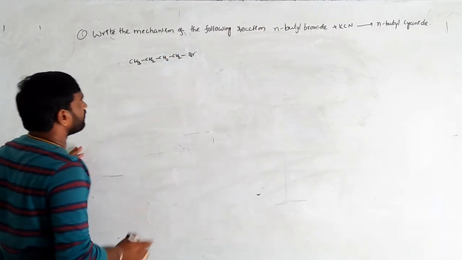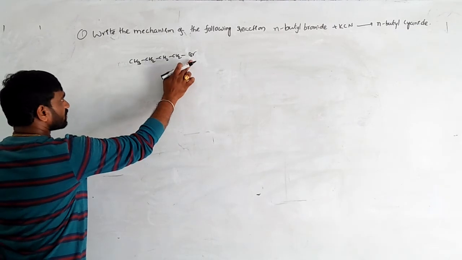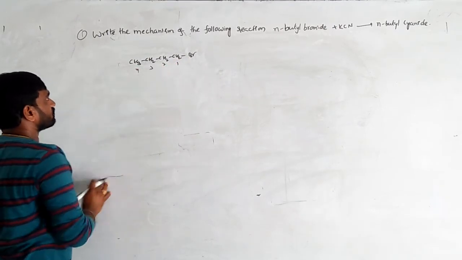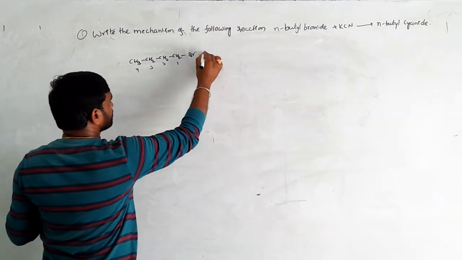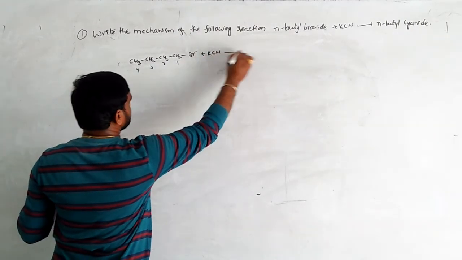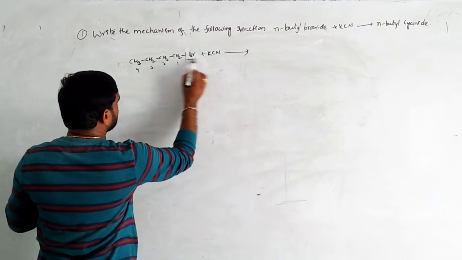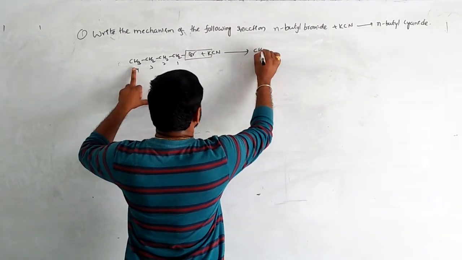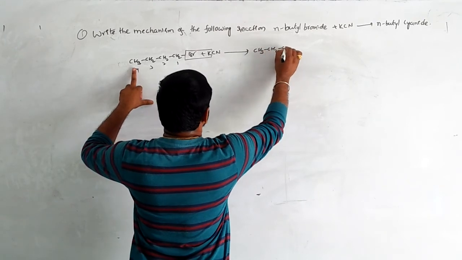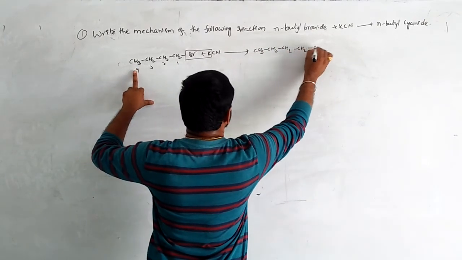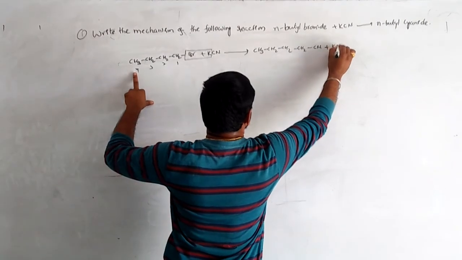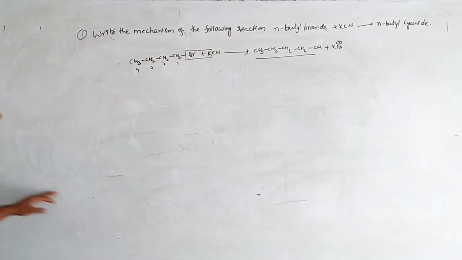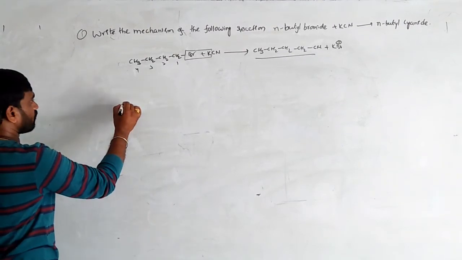This is the straight chain, N means normal, 1, 2, 3, 4. N-butyl bromide is treated with potassium cyanide KCN. It gives the product CH3CH2CH2CH2CN plus KBr. So which mechanism is this? SN2 mechanism.